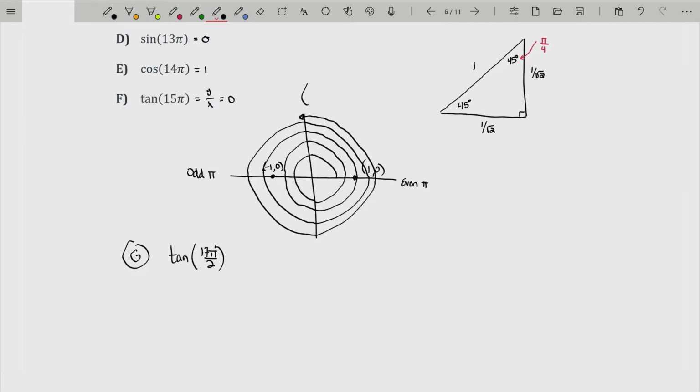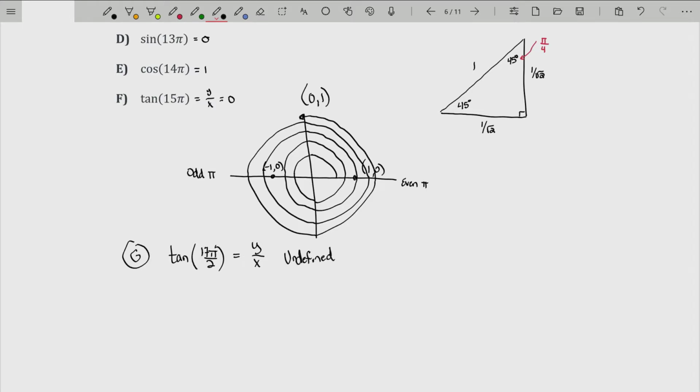And that's a ridiculous way of doing that, but I'm just showcasing this. So the x value is 0, the y value is 1. But remember, tangent is the y over the x, and the x value is 0, so tangent would be undefined.